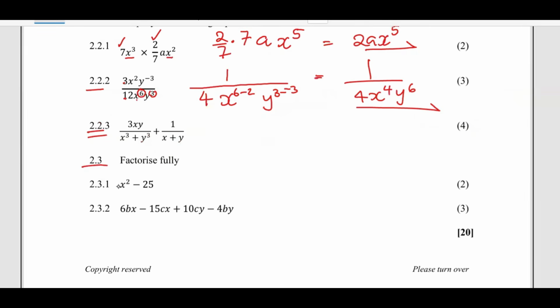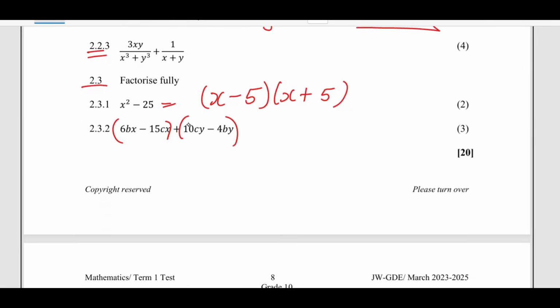Then 2.3 factorize, difference of two squares is going to be x minus 5 and then x plus 5. And then 4 terms, we just need to group. Okay, when you're grouping, what's common here is the 3x. You'll be left with a 2b minus 5c.